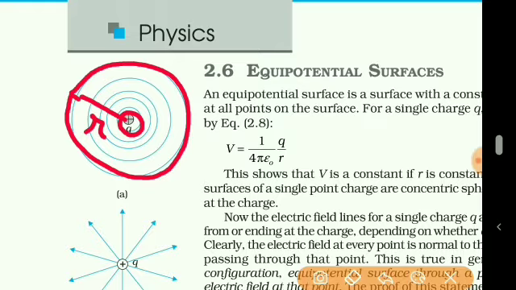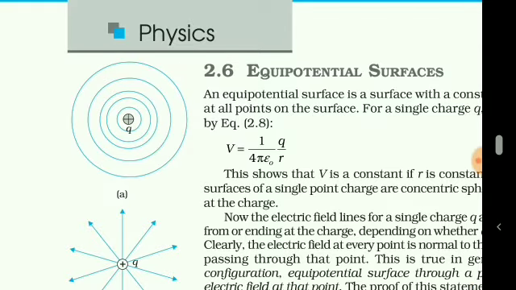And so a spherical surface for which the charge is at its center with radius r is an equipotential surface.